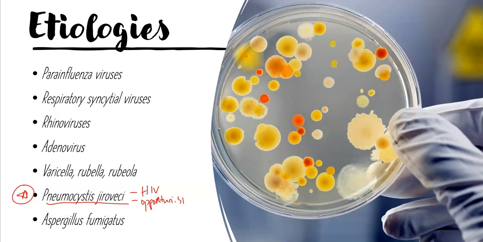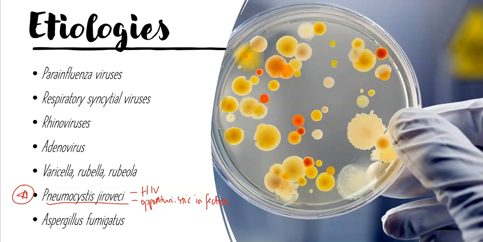Opportunistic infections. Why is it opportunistic? Because they target the weaker ones so that they can actually play havoc on the lungs or the respiratory system of that weak patient.